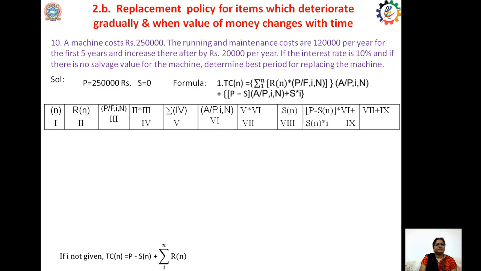So now let us see the first column for n and Rn. You don't go column wise, you go row wise, so that when to stop you will get the answer. Rn for the first 5 years is 1,20,000, so here it is 1,20,000 for the first 5 years. Now P given F in, every Rn value has to be multiplied by P given F in.